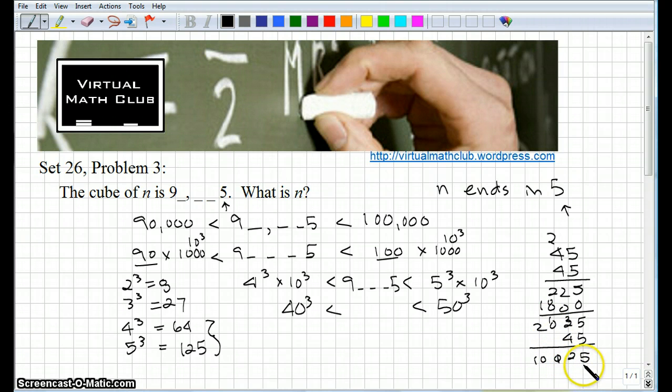And then, okay, so got a 0, that's 20, 8, that's 10, carry the 1. Okay, that's a 1, so this is 8. And lo and behold, look what we get. We get 9, 1, 1, 2, 5. There we go. So n is equal to 45. Alright, there you go.